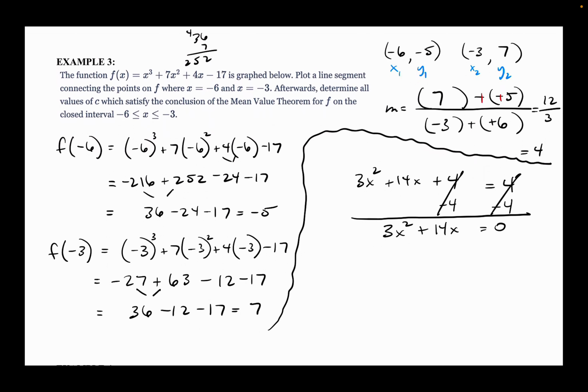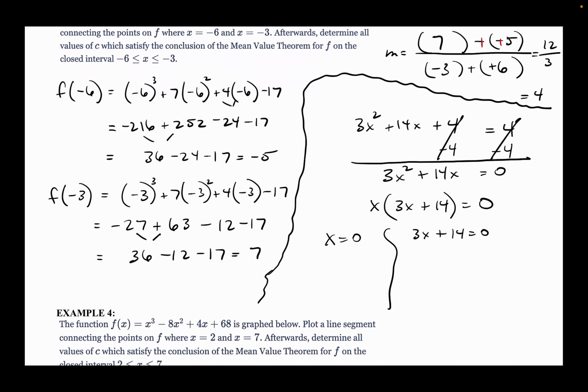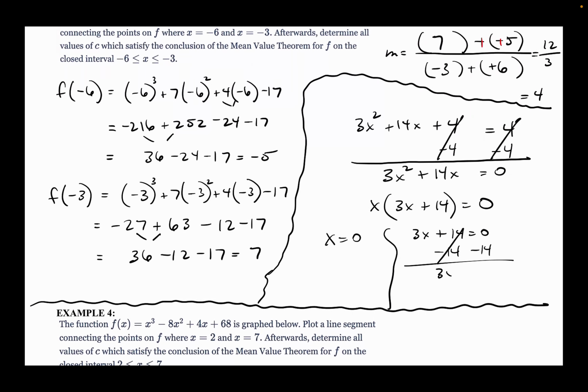So GCF is x, so you're going to have 3x plus 14 equals 0. You're going to get x equals 0, and 3x plus 14 equals 0. Okay.